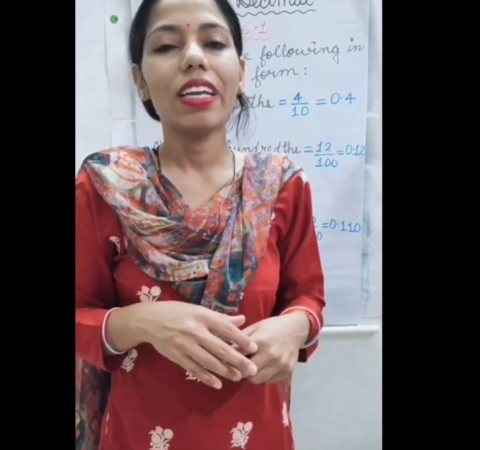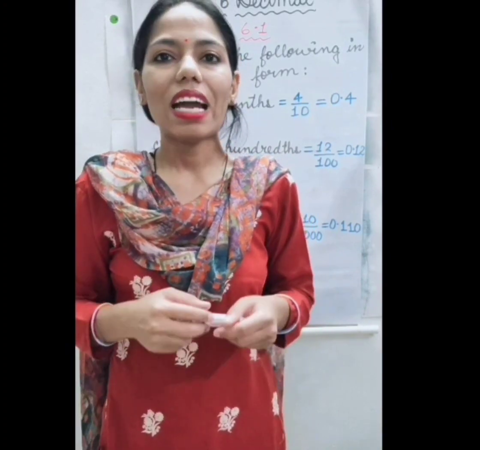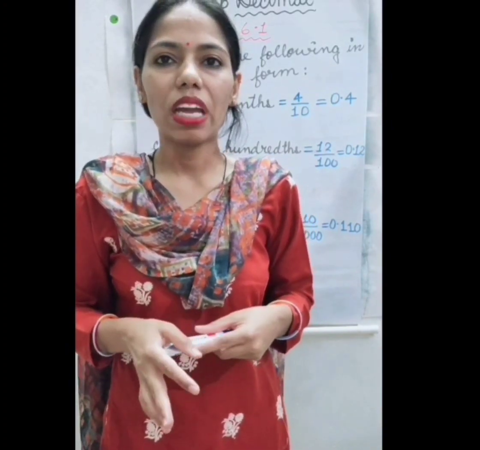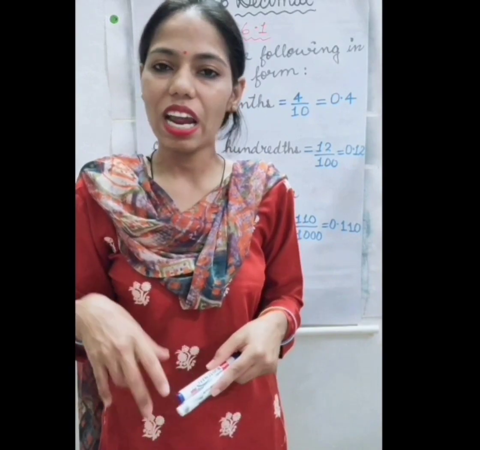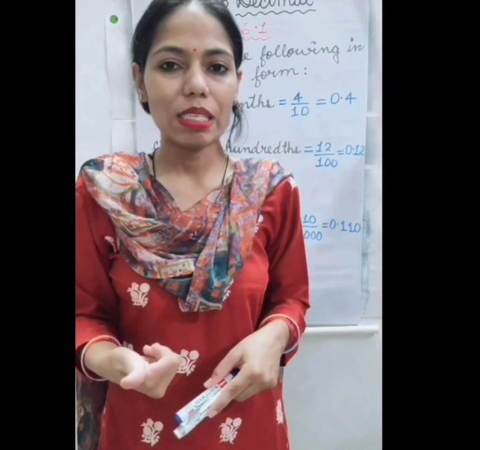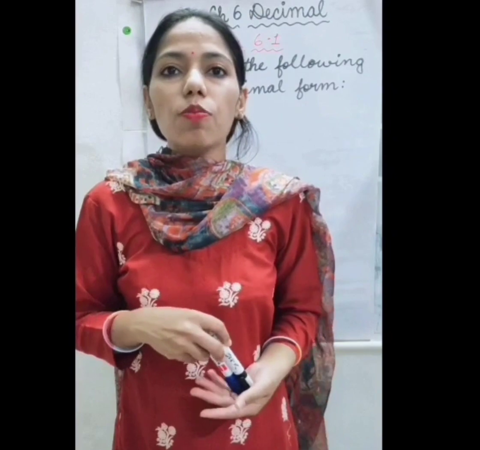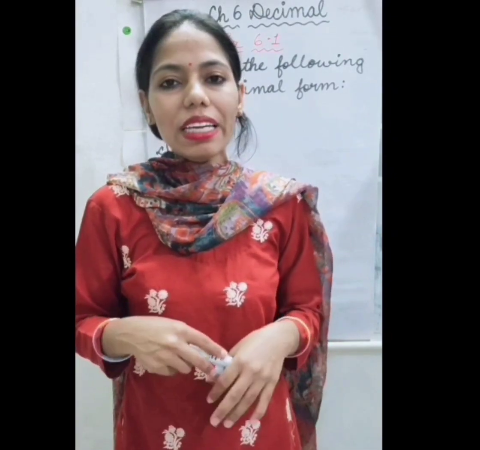Now let's move to next question, question number 2. Write the following in decimal form. In this it is given in the form of fraction and we have to write in the form of decimal. The first part of question 2 is 5 by 10th.